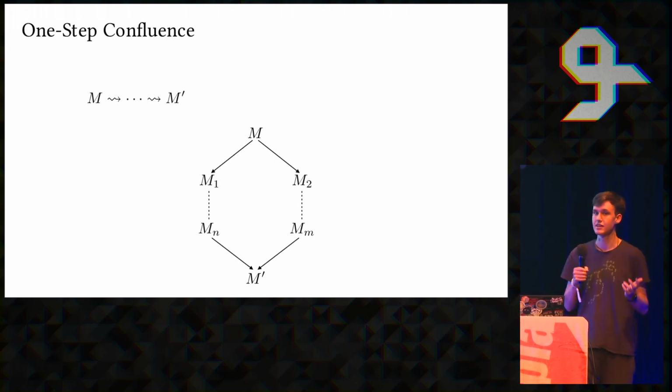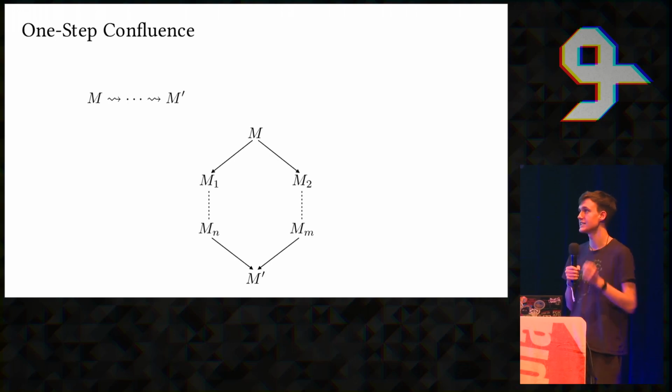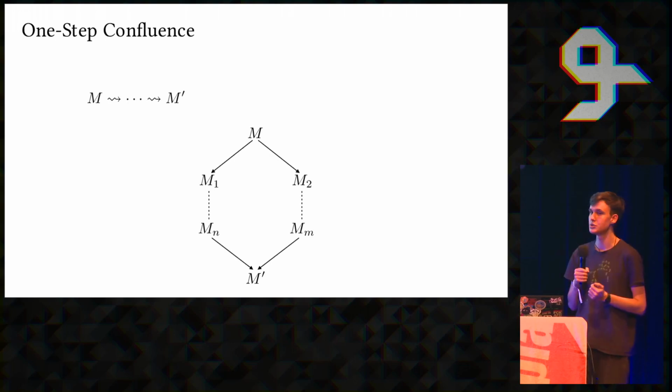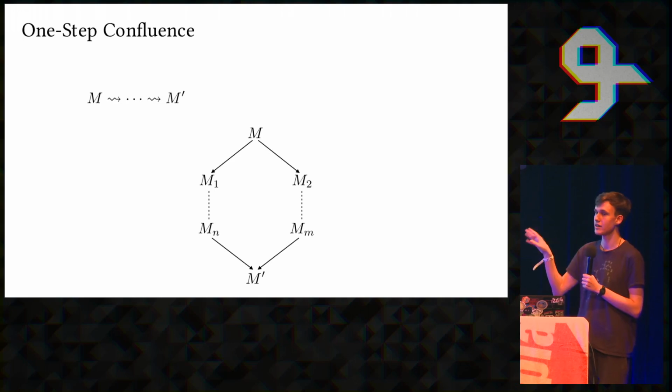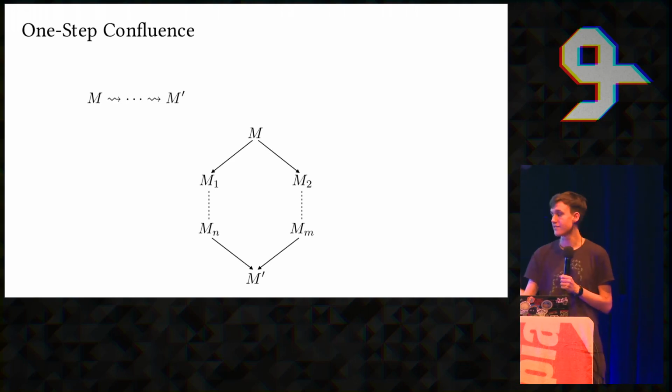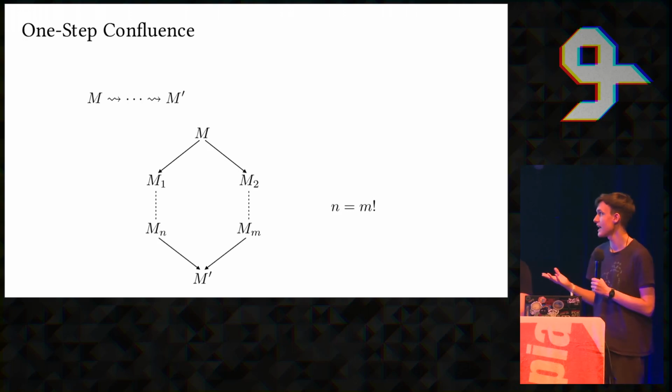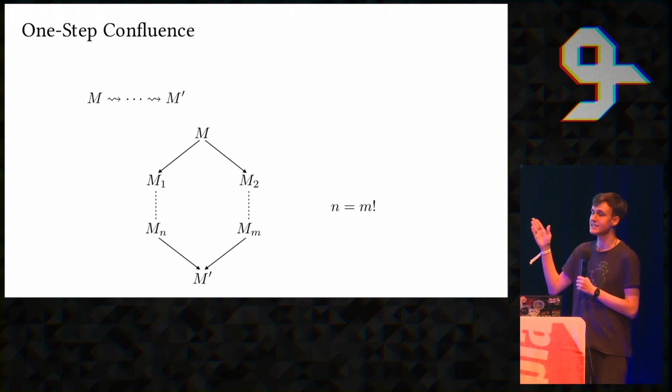For example, if you have a huge net and there are different kinds of interactions that you could do, on the left side you would do one interaction, and on the other side, M2, you do another interaction. Then if you continue and do similar interactions that are possible in the net, then you will eventually get to the result. But importantly, because of the locality, the n is always equal to m.